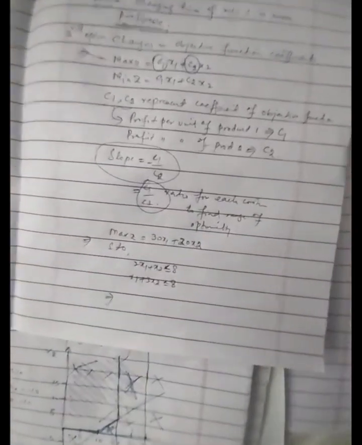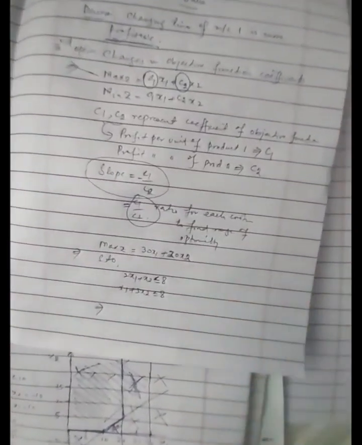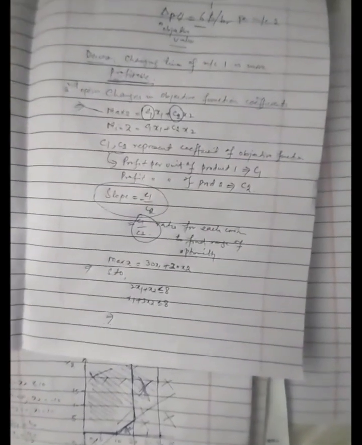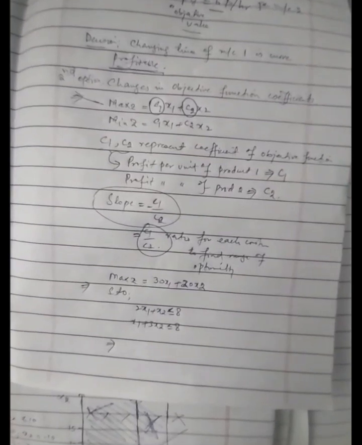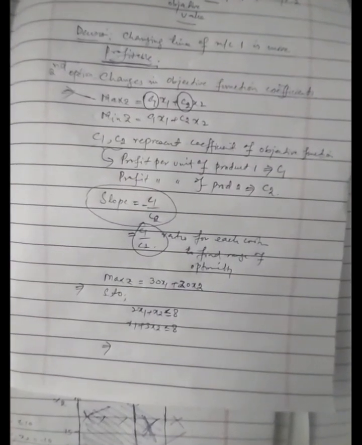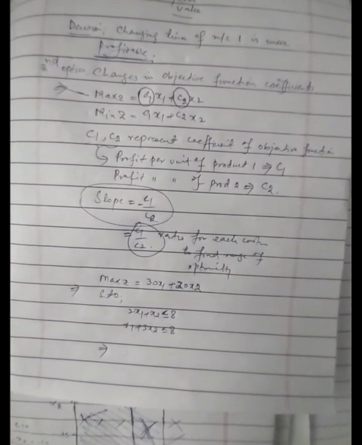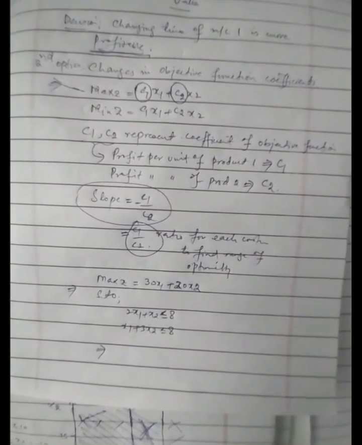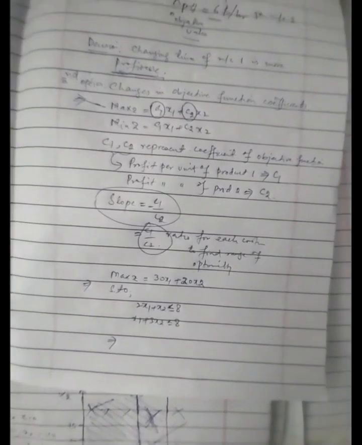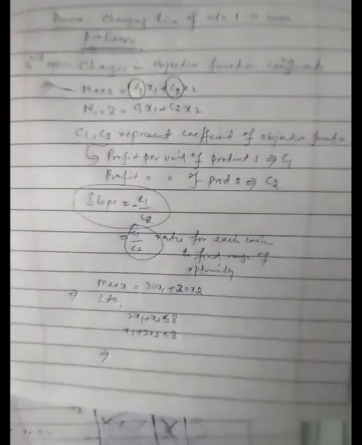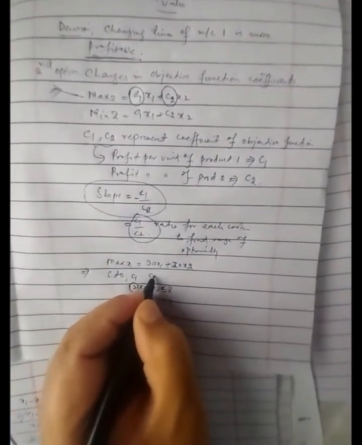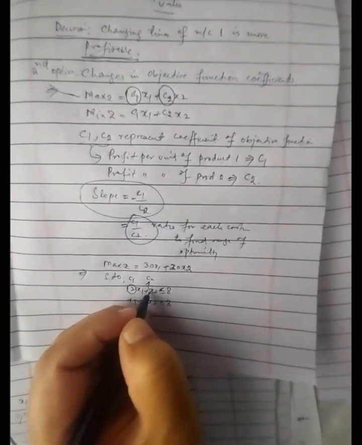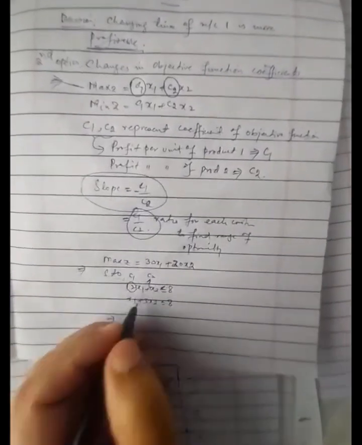For the first constraint, 2 is C1 and 1 is C2, because it has 1 over here, but we do not write it.